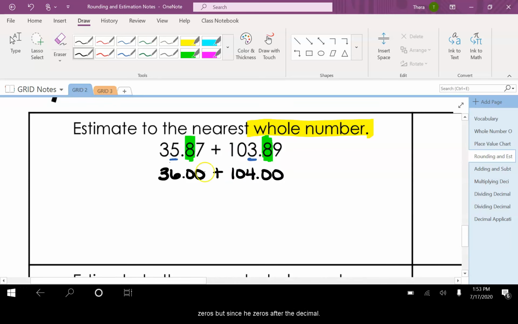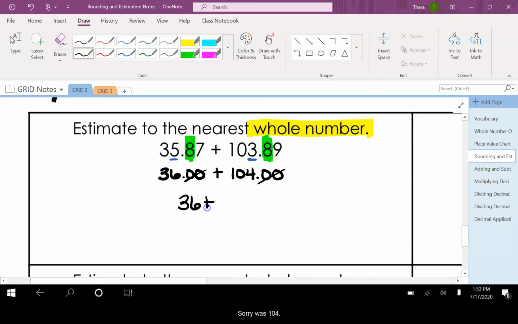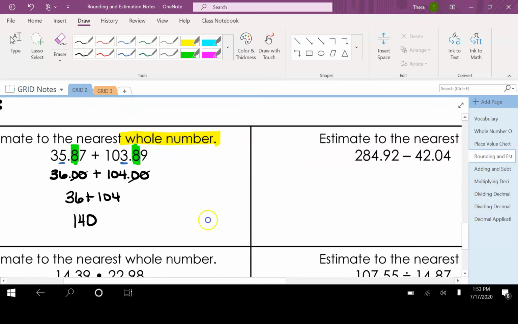But since these zeros are after the decimal, we can get rid of them, and we have 36 plus 104, and 36 plus 104 gives me 140. And that's it. We have estimated to the nearest whole number.